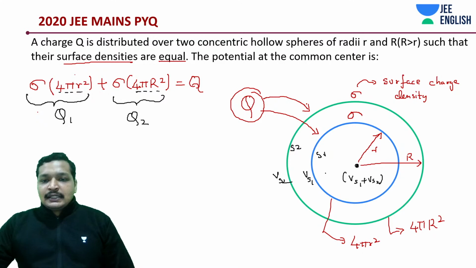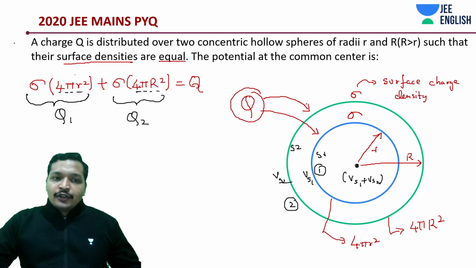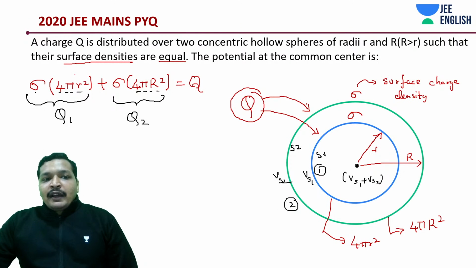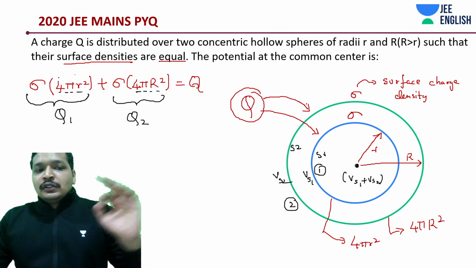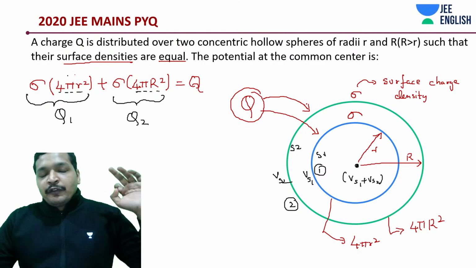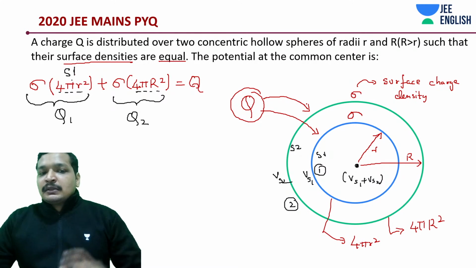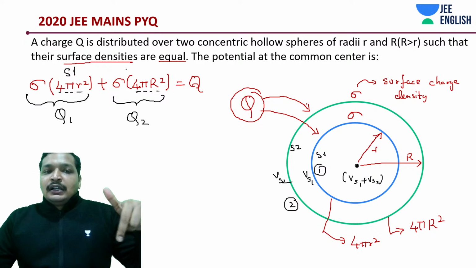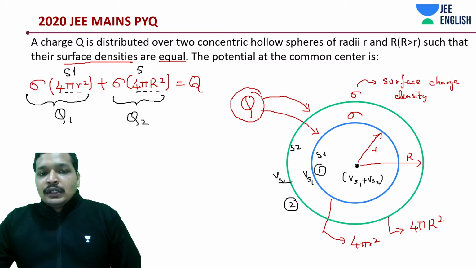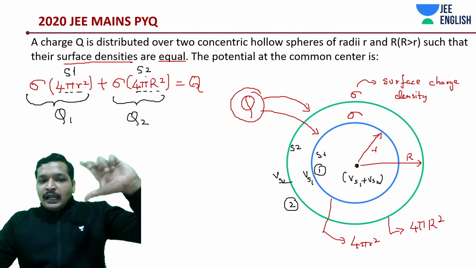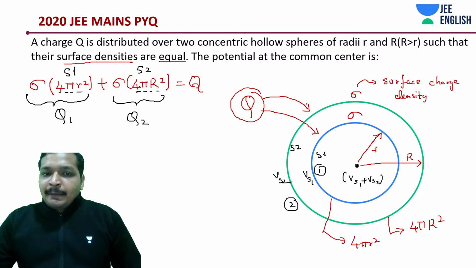I call this sphere 1 and this sphere 2. If you didn't understand it before, you can again focus on this. What have I done? Same surface charge density. I have set sigma into 4 pi small r square, which is the surface area of that small shell, and sigma into the surface area of that larger shell, 4 pi capital R square, is equal to q.